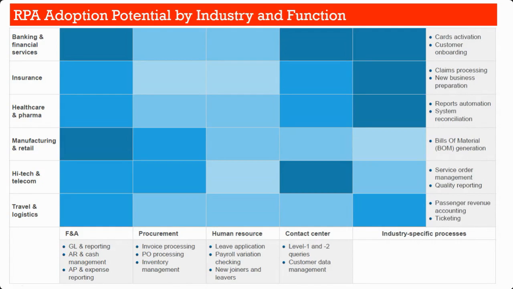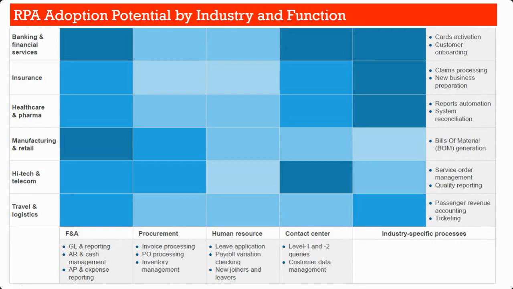And this is not something that I am pointing out. It is based on the report published by HFS and Everest Group. So it has been reported that they have already automated the processes taking care of GL and reporting.